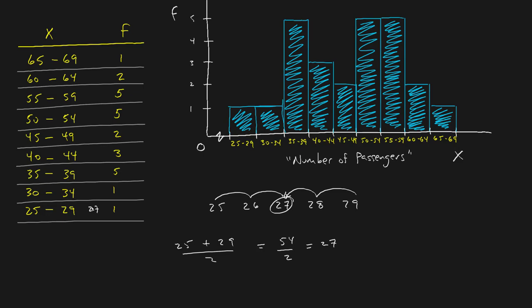That's my midpoint for that one. Let's put a few of these midpoints up. It's going to be 32. If I were to take the average of 35 and 39, if I were to add these two and divide by 2, I would get 37, and 42, 47, 52, 57, 62, and 67.